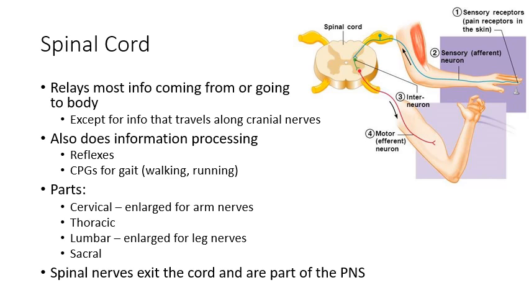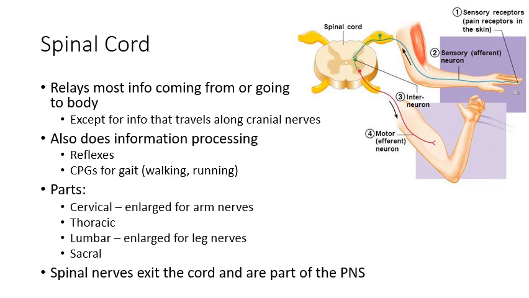That's a reflex. Even as you're becoming aware of the fact that you touched something hot, you're already jerking away from it, so you can stop touching it faster. It just helps you respond to the environment more quickly.